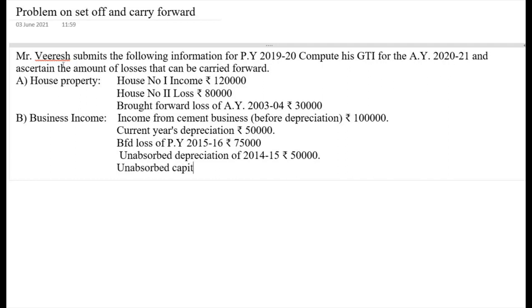Unabsorbed capital expenditure for scientific research of previous year 2016-17, rupees 25,000.